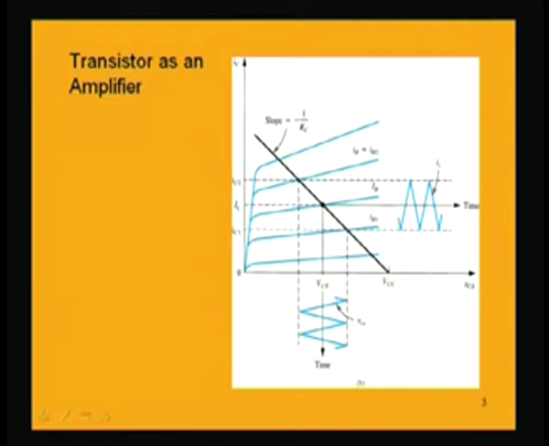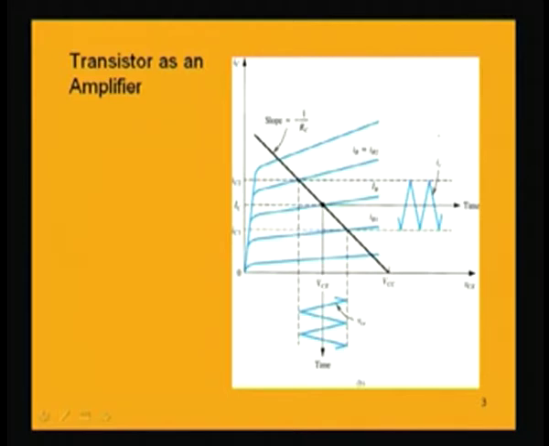If IC is so large that it enters into saturation, or so large in the other half that it enters into cutoff, then we will not get reliable amplification.